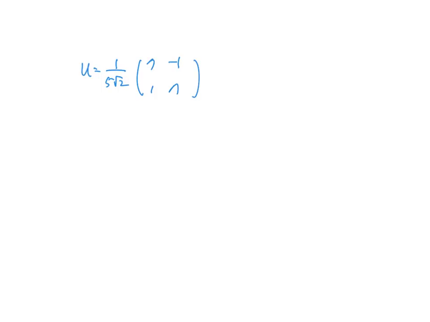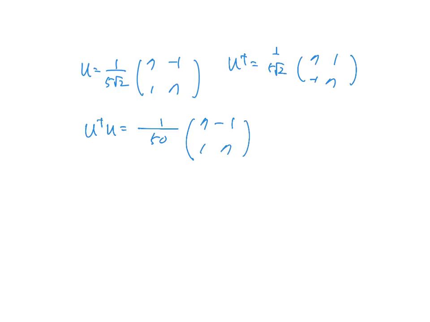Next step is whether it's unitary. So U dagger is 1 over 5 square root of 2, 7, 1 minus 1, 7. So U dagger U is 25 times 20, 50. 7 minus 1, 1, 7. 7, 1 minus 1, 7. This is 49 plus 1? 50, right?